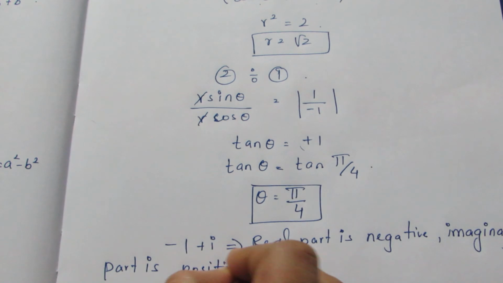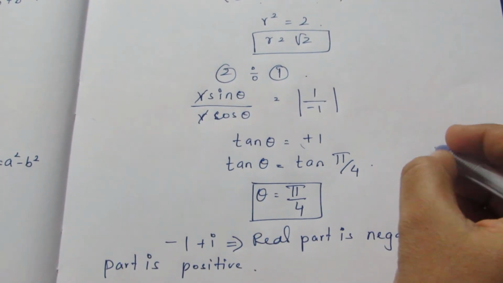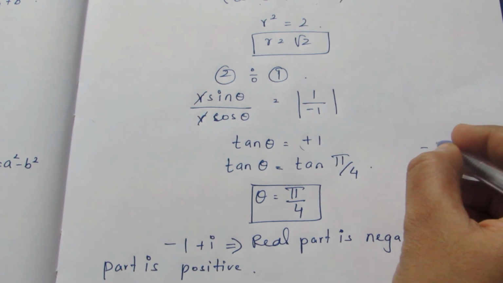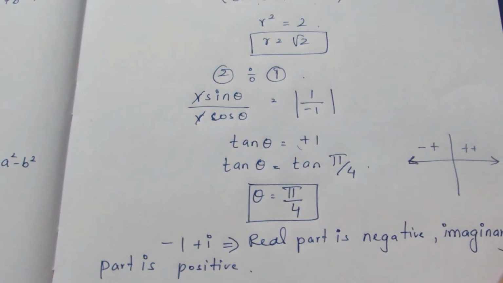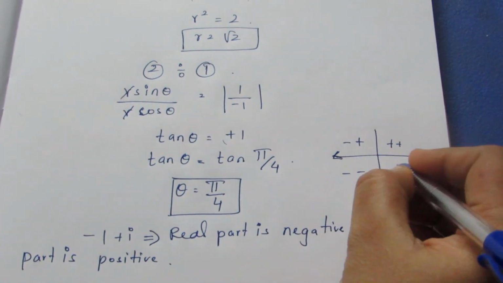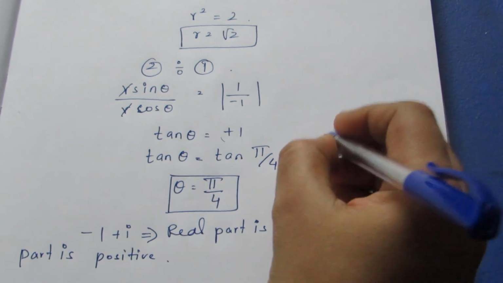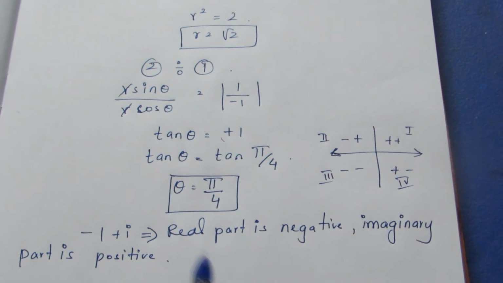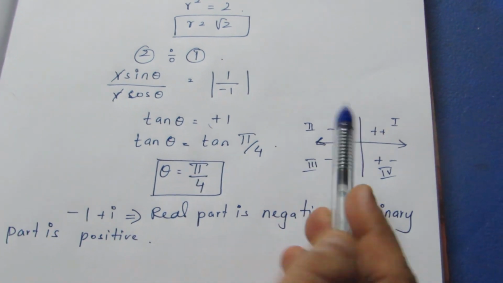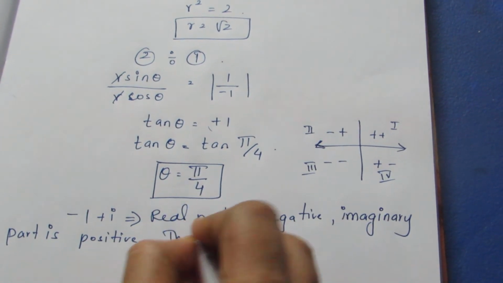That means we take a quadrant approach. In the first quadrant it is positive, positive; in the second it is negative, positive, because on the x-axis it is negative and on the y-axis it is positive; the third is negative, negative; and the fourth is positive, negative. Negative, positive means it lies in the second quadrant.